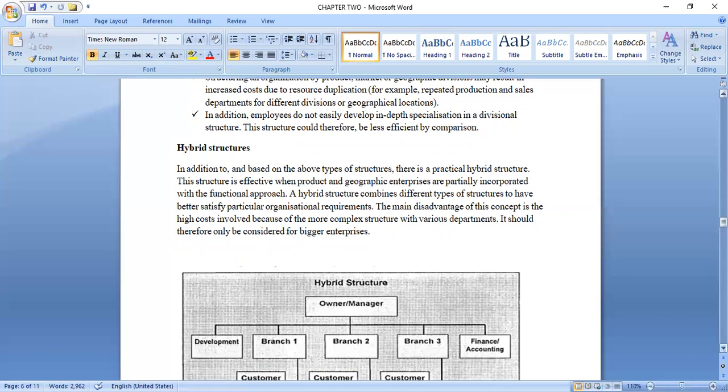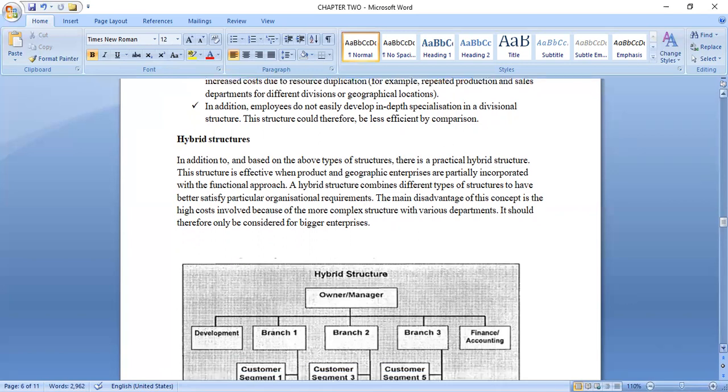And then finally, under the divisional organization structures, we have the hybrid structures. Hybrid means a combination. So hybrid organization structures are basically a combination of functional organization structures and divisional organization structures.